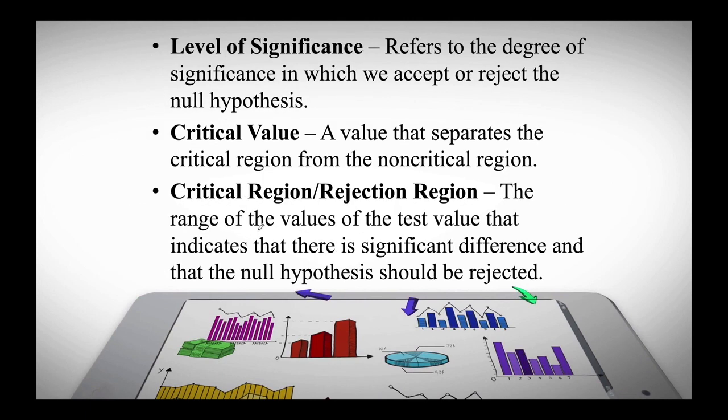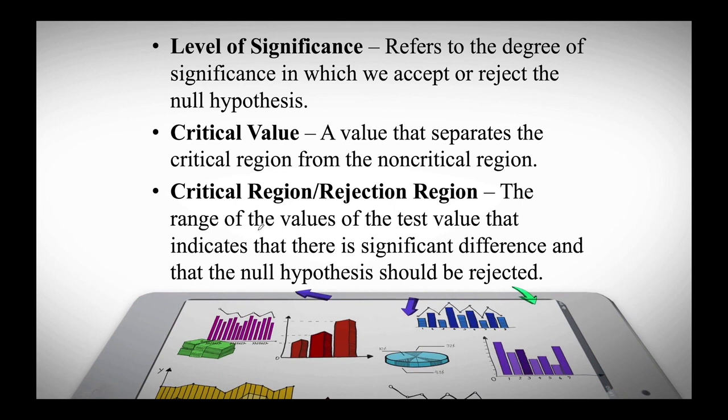Now, we also have other terms that we may encounter in the study of hypothesis testing. For the first one, we have the level of significance, sometimes called the significance level, and also tinatawag din siyang alpha level. Pare-pareho lang yun. This refers to the degree of significance in which we accept or reject the null hypothesis.